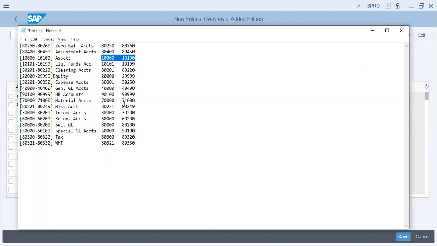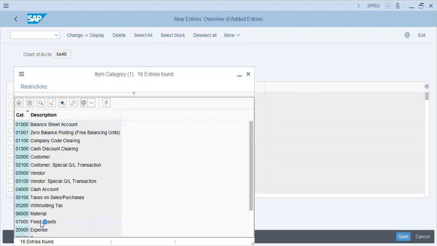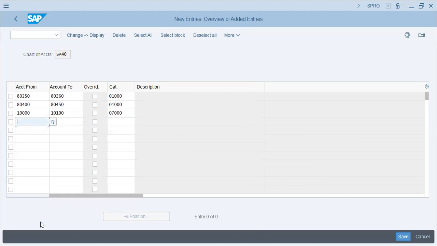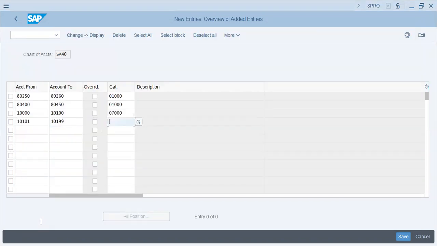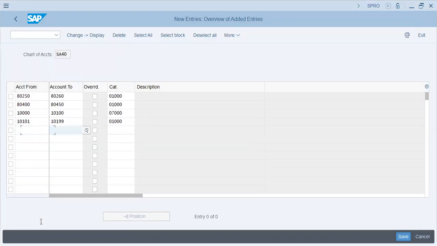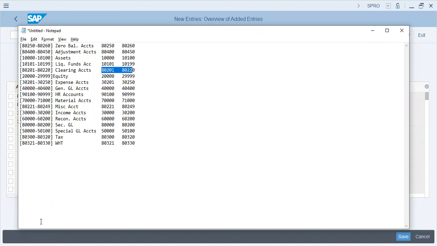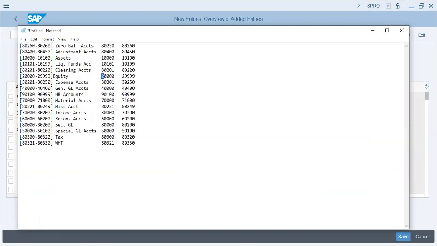Assets. We have a category for assets. Liquid fund accounts. Liquid funds is cash in bank. Clearing accounts are balance sheet accounts, because if there is a balance, that will be carried forward.